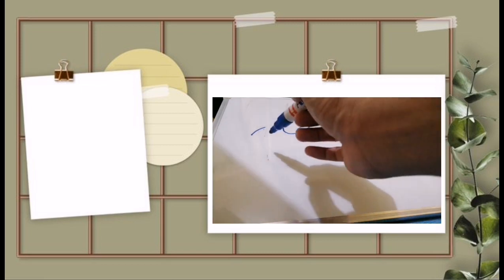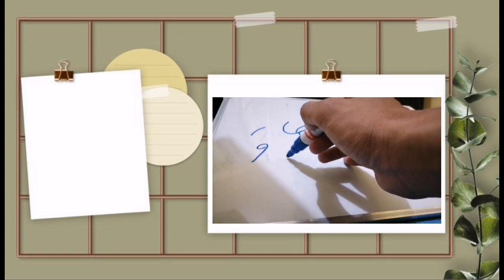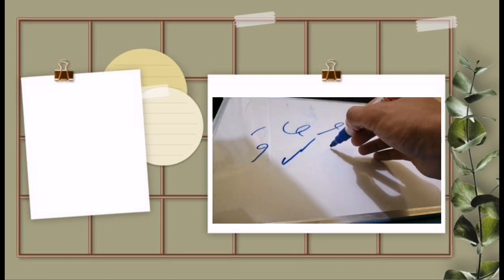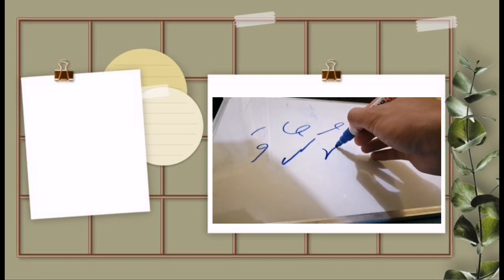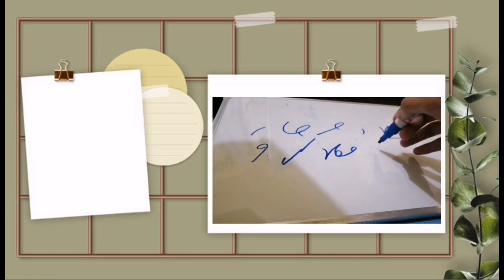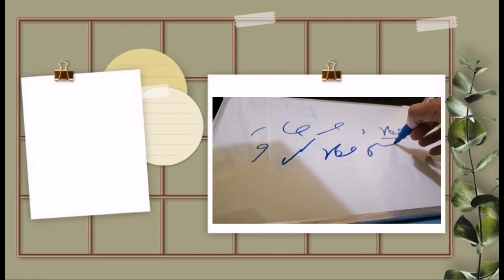And for our next example, we have the sentence, I have ordered stationery with our new address. So, I have ordered stationery with our new address.